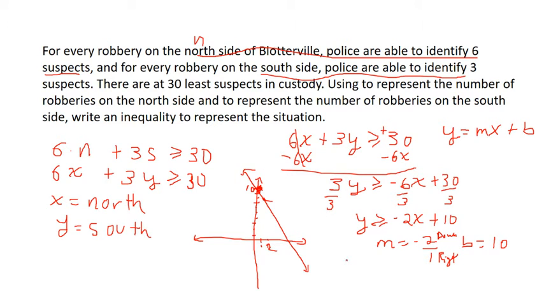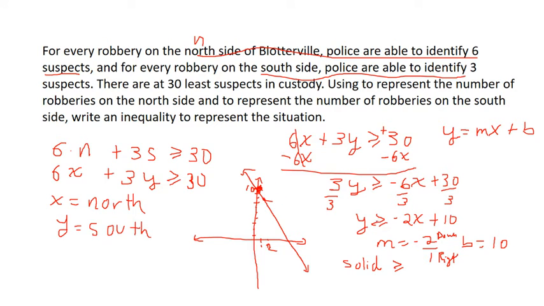This here is gonna be a solid line, because I have greater than or equal to. If I have a solid line, that indicates that all the points on this line are a solution to this inequality. Next, we have to decide which part I have to shade.